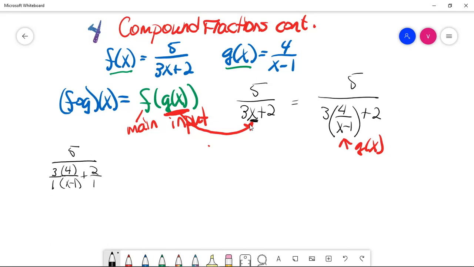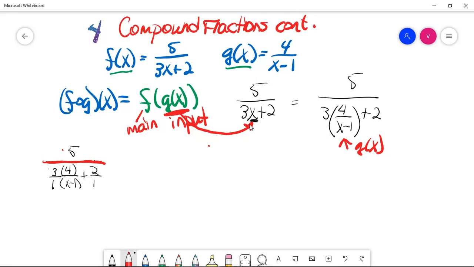Okay, so what you have here, I want you to pay attention. This is the main numerator, 5, divided by an ugly fraction. We don't need to be mixing up this numerator with this one over here. It's 5 divided by that mess down there.